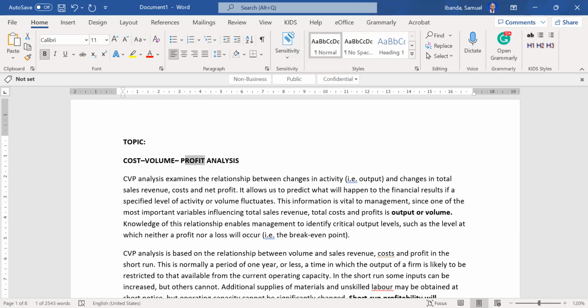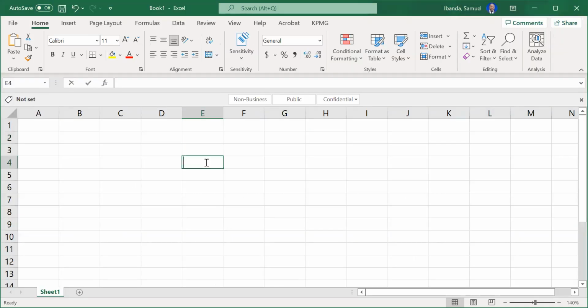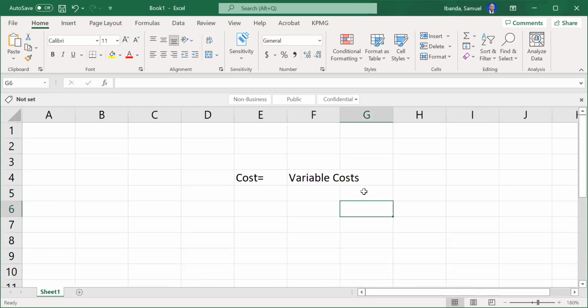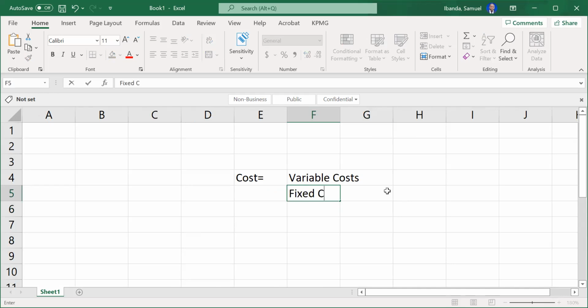So I just want to demonstrate that right here. We say that cost would either be variable costs, but can also be fixed costs.